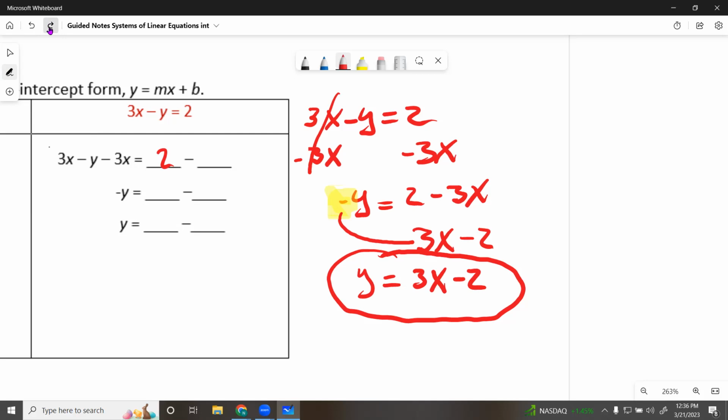So we bring down the 2. We have subtract 3x. They brought it from this side here and put it over there. Same steps, just a slightly different way of working it out. I show you how I work it out and kind of how they got where they got, because it's not always easy to follow the template.